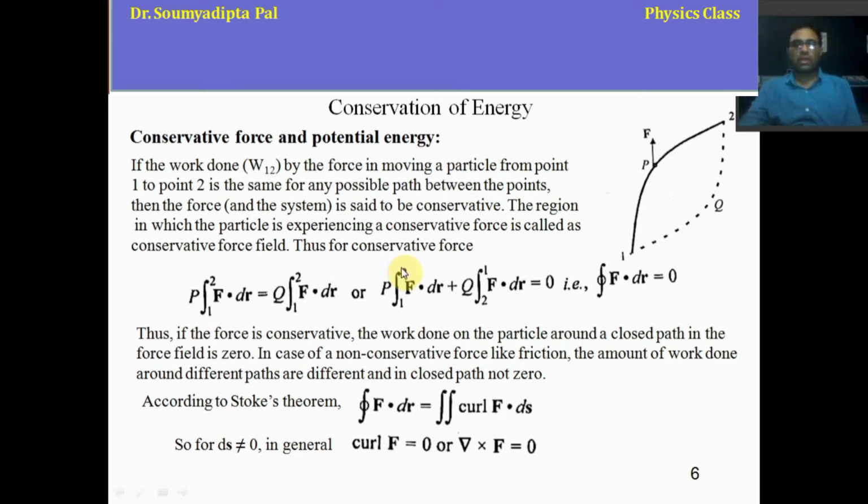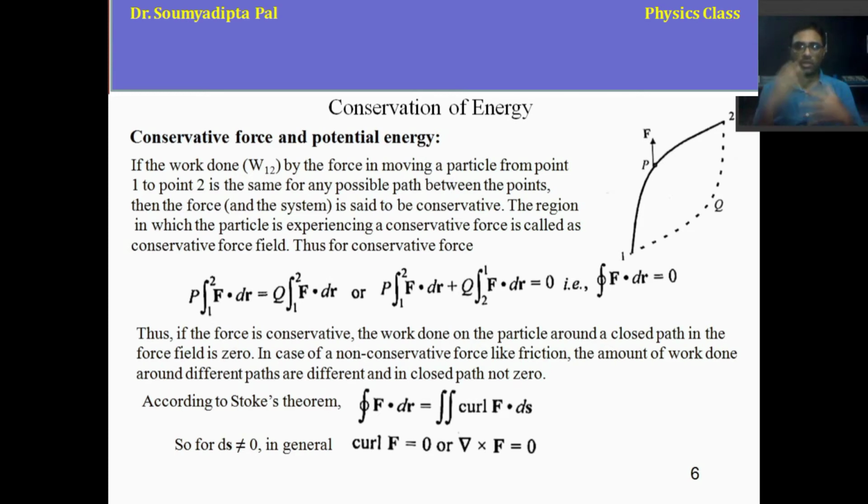Now, coming back to this conservation theorem, if we apply Stokes theorem, which is a theorem we read in vector calculus, this is a prerequisite that you have to know. Here we want to tell about the circular integration of F dot dr. If you consider a vector field rotating over a closed path, what will be the effect of that?